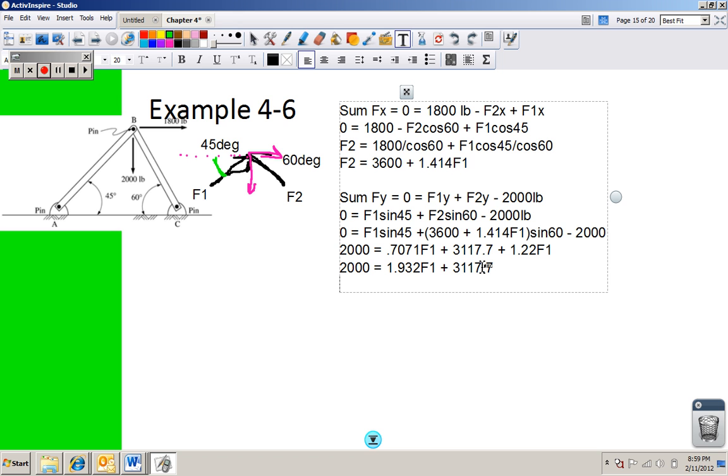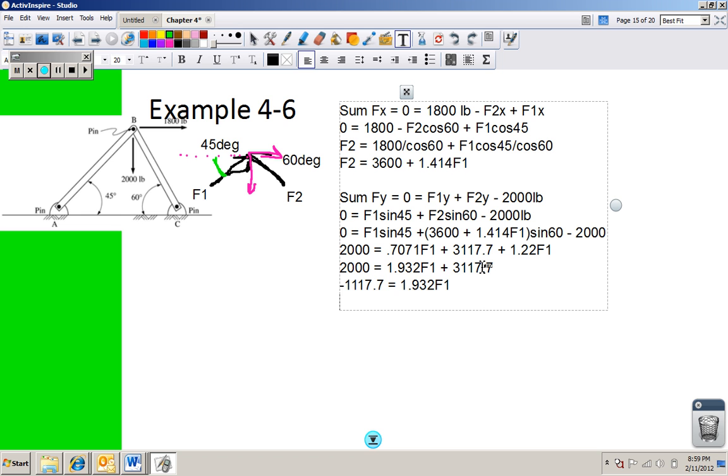I go ahead and move that 3,000 to the other side. I've got 2,000 minus that. So I get negative 1,117.7 is equal to 1.932 F1.